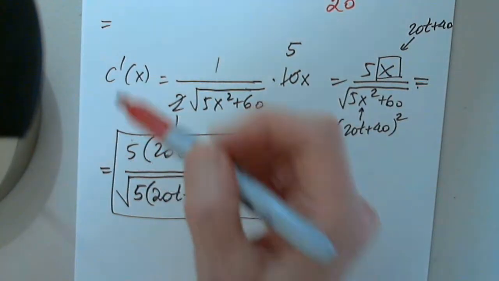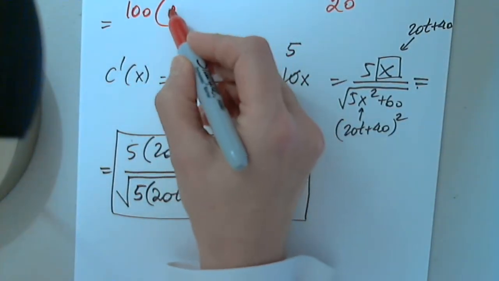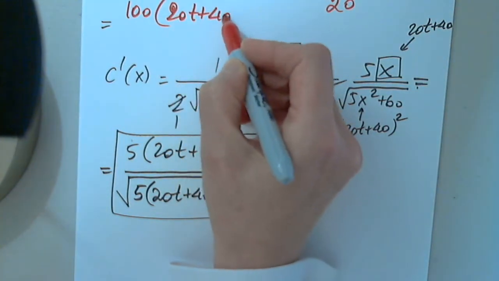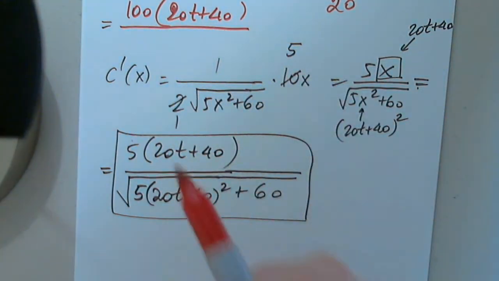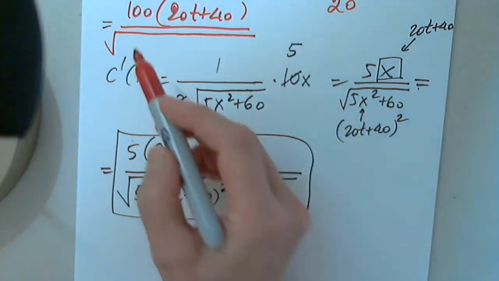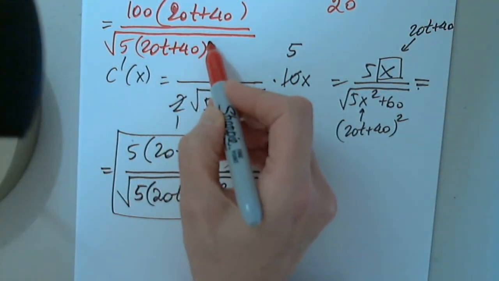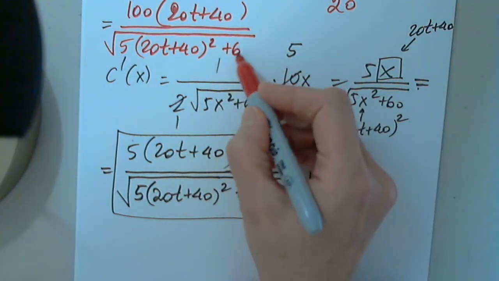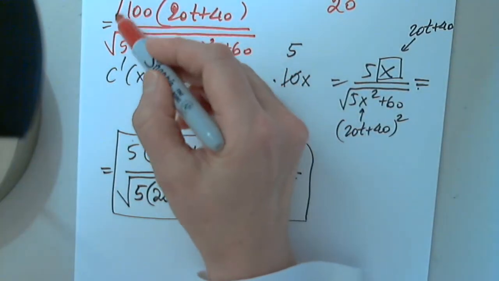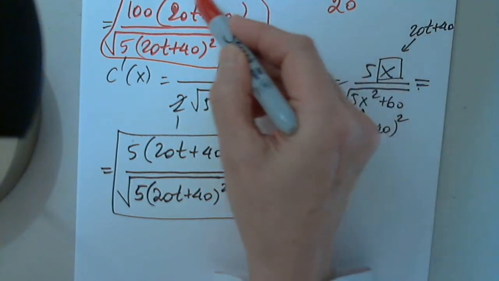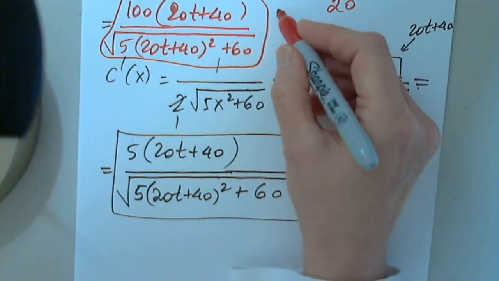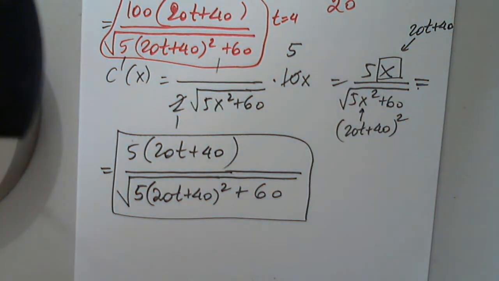So 20 times 5, 100, 20t plus 40, everything divided by the square root of 5, quantity, 20t plus 40, everything squared, and plus 60. This is where I am going to replace t by 4 months.